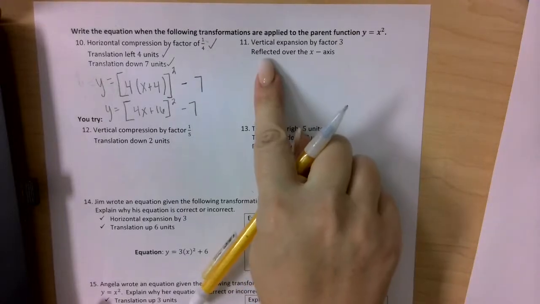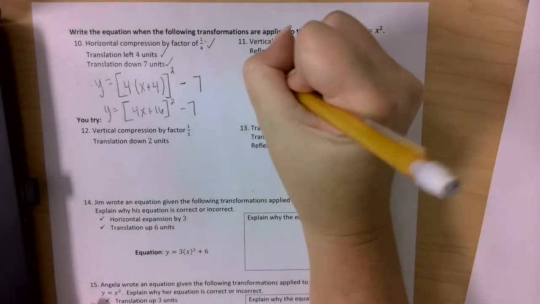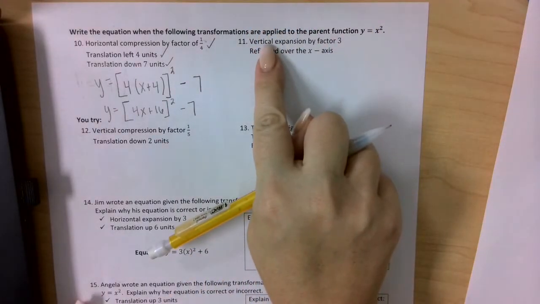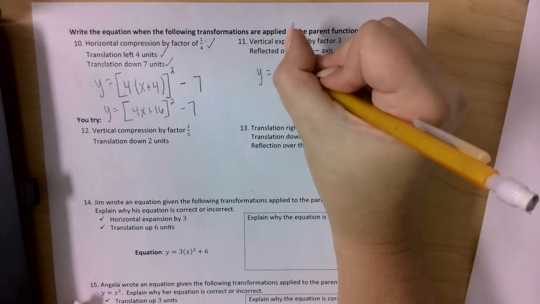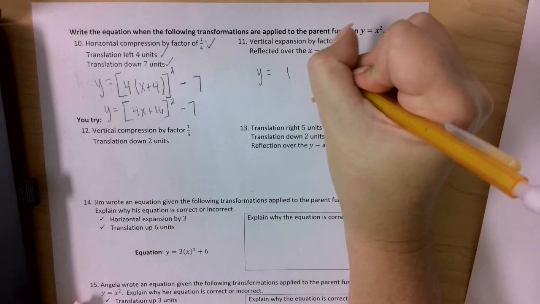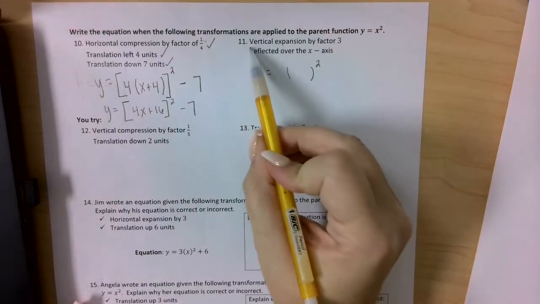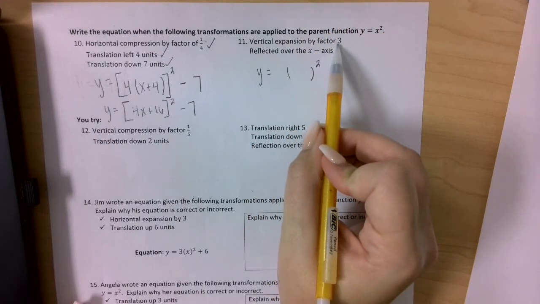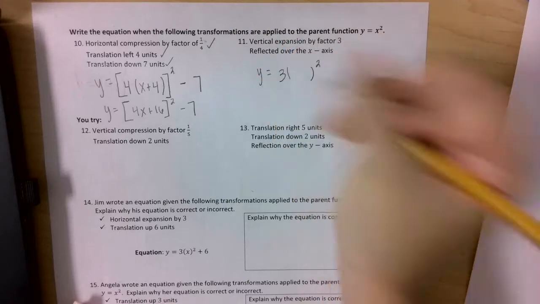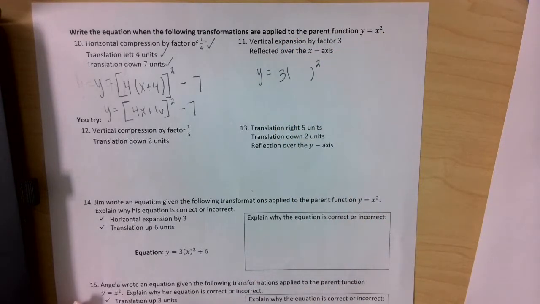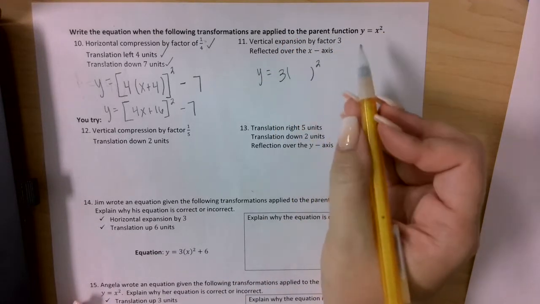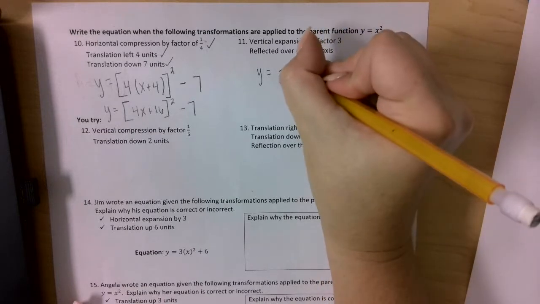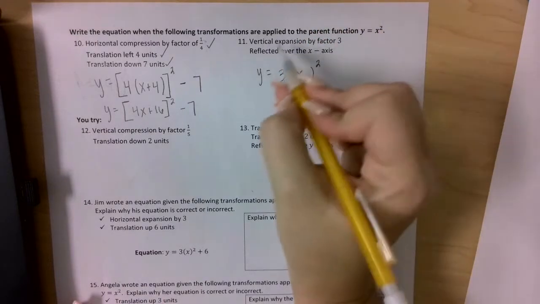Okay, for the next one, again, we don't have a horizontal compression or expansion, we just have vertical. So our parentheses are fine there. And with this one, it says vertical expansion by a factor of 3. That's going to go in front of your parentheses. And notice I don't have a left or right movement, so in my parentheses, I'm just going to have an x.